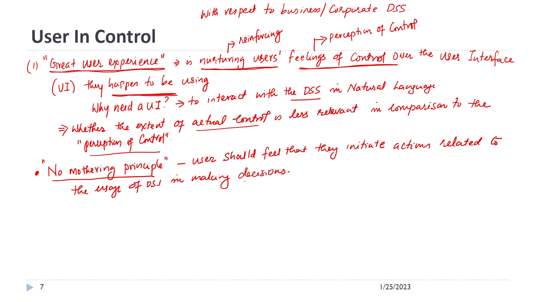These decisions could be strategic, tactical, operational, etc. You have already seen the types of decisions. Whatever the decision, the user should feel that they initiate the actions related to the decision or to the usage of DSS to make the decision.